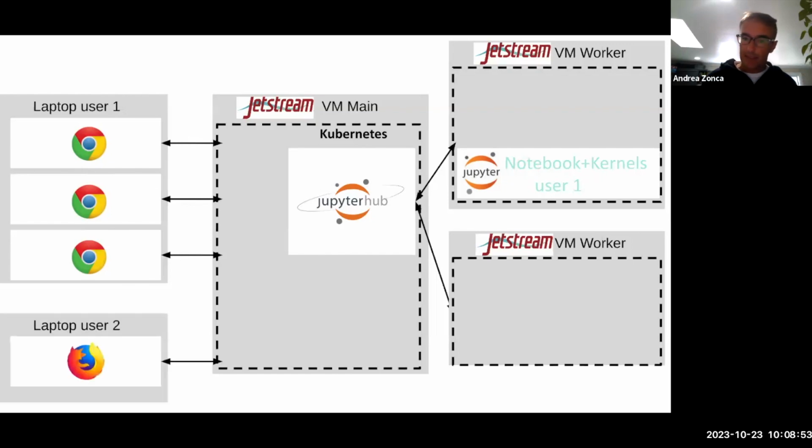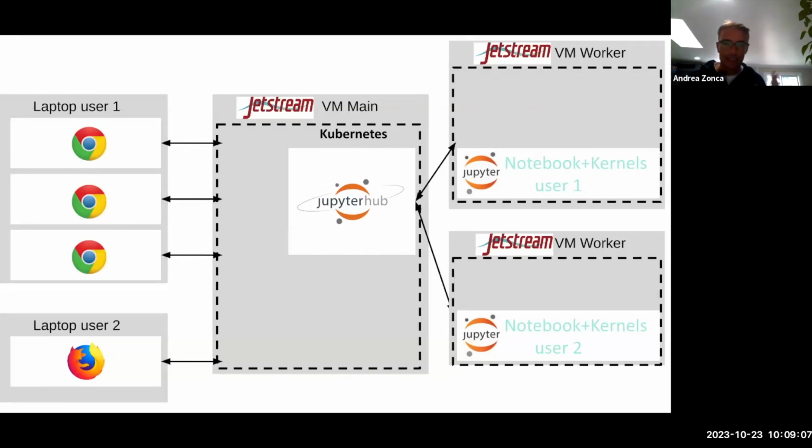And of course, if we have multiple users, each user has their own independent session, which is going to be a container deployed somewhere on this infrastructure. The idea is that Kubernetes is taking care of all of the low-level management, automatically assigning the container to run on one of the multiple machines within this Kubernetes cluster.